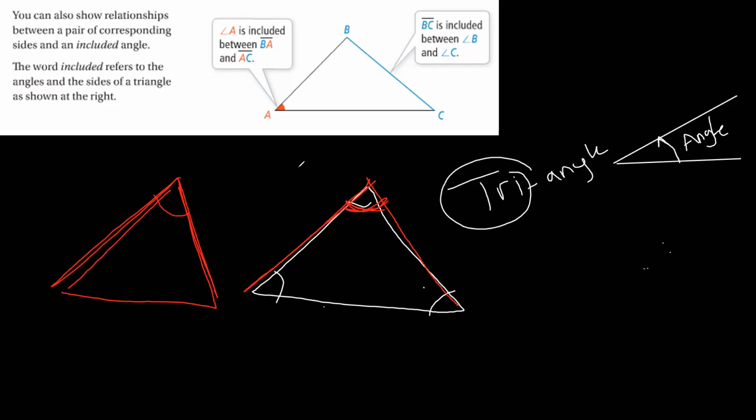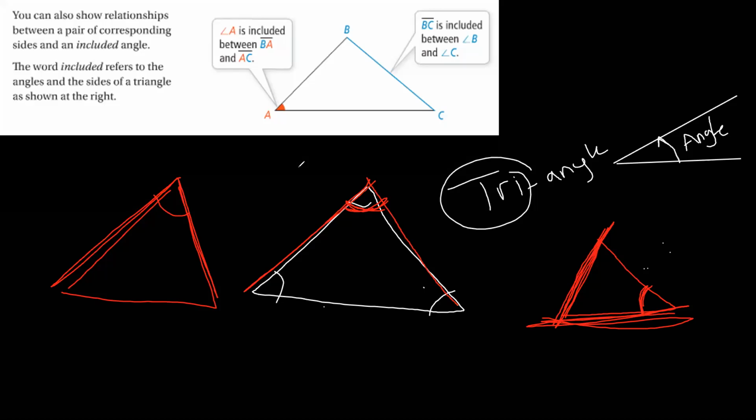What does it mean? If I have this triangle and I prove that this side and this side are congruent and this angle is congruent, does it mean that the two triangles are congruent? I will repeat my question.